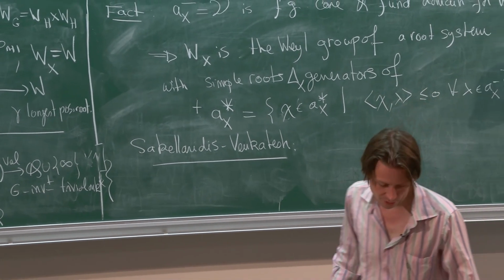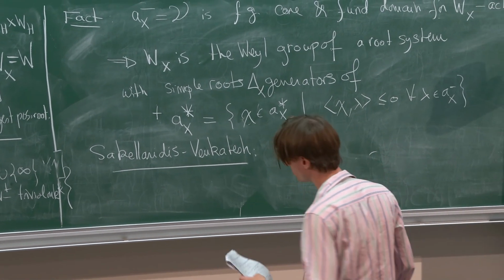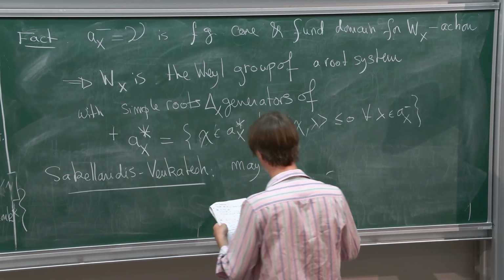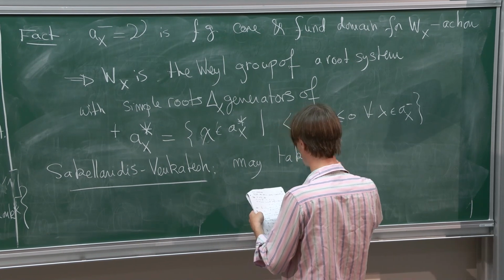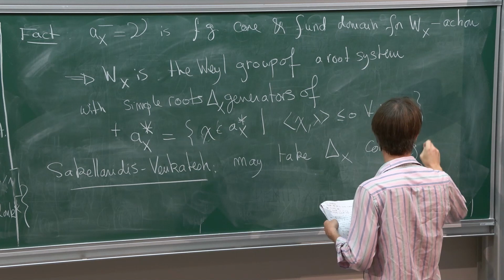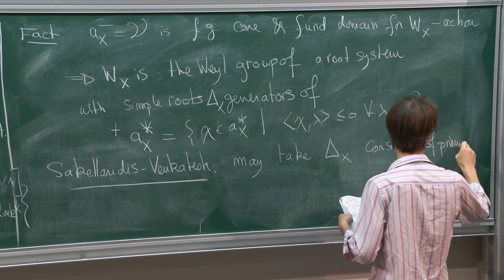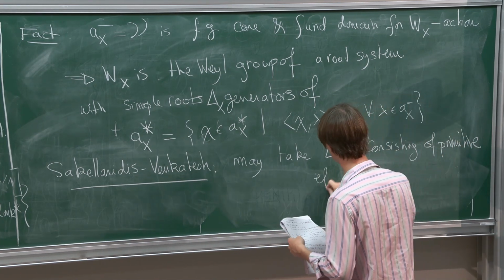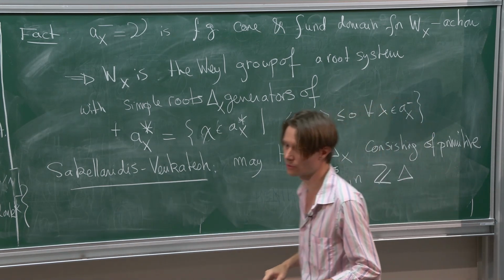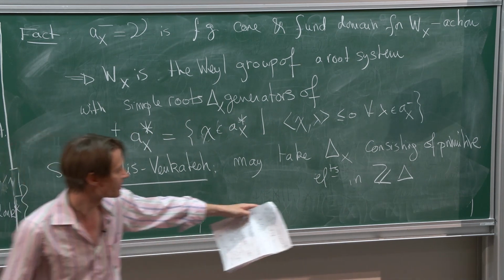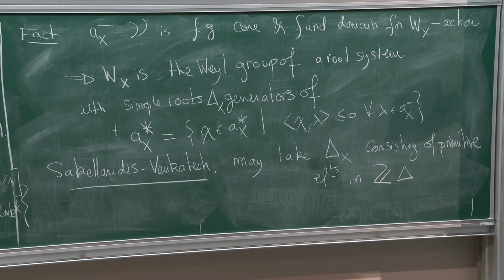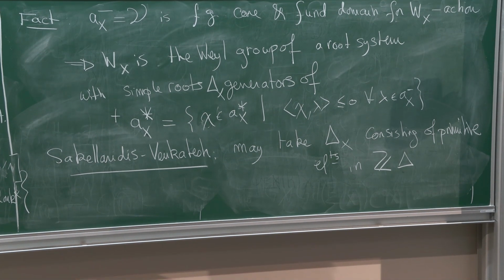So the normalization we'll use is this one, and it's used by Sakellaridis and Venkatesh. This is not the usual one in the literature on spherical varieties, but we may take delta x consisting of primitive elements in the root lattice for G. So this is the lattice generated by the simple roots for G. And of course, there's only one generator for each extremal ray which is primitive in this root lattice.